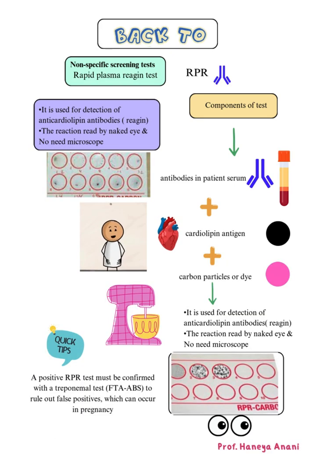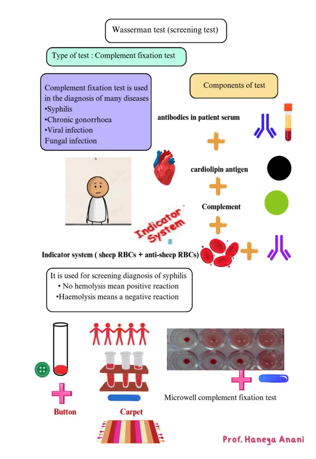Rapid Plasma Reagin test, RPR. Components of test: patient serum, VDRL antigen, cardiolipin antigen with carbon particles or dye. It is used for detection of anticardiolipin antibodies. The reaction is read by naked eye, with no need for a microscope.